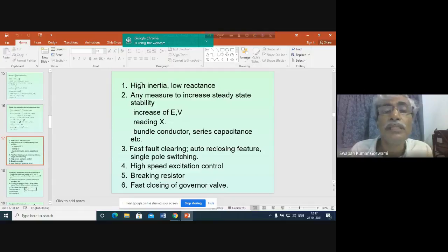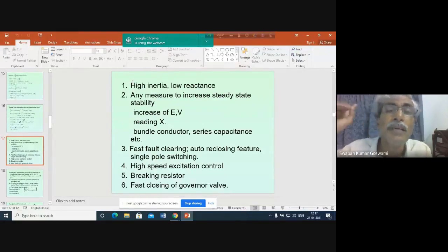Obviously, if you have higher inertia, that means the rotor mass is more, and in that case the acceleration will be less. Because the acceleration is less, you get more time to apply some control on the generator to restore synchronism and maintain stability.